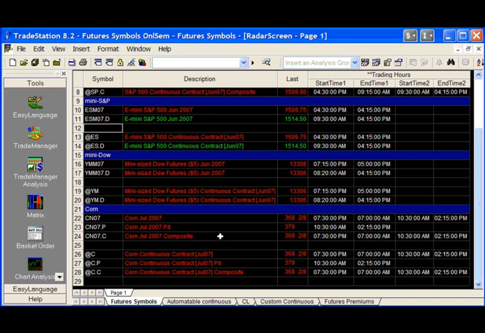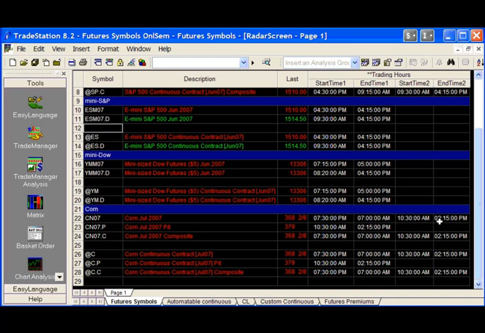Let me mention something about the corn.C. The corn.C was, of course, very useful when we did not have this session for the electronic. We did not have a daytime electronic. In that case, the corn.C symbol served the way the .C's did up above when we talked about S&P, to take the day session, night session, and connect them into a single trading day.